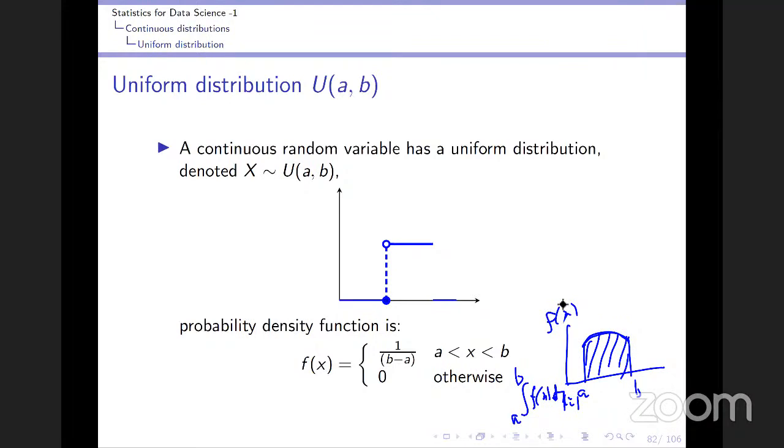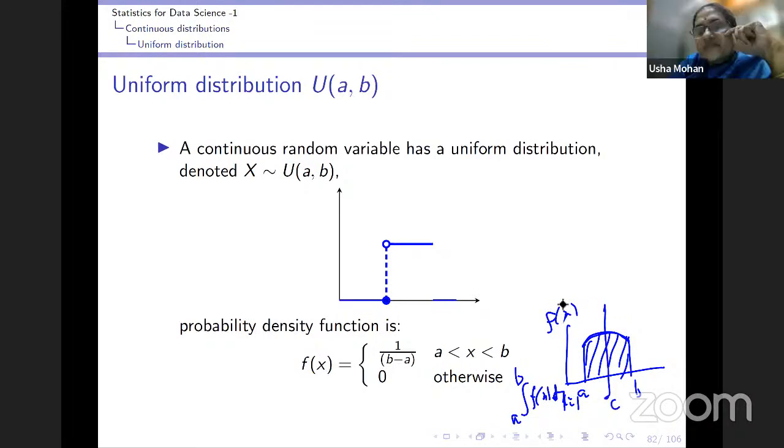Yes, ma'am. So suppose this is the heights of people in a particular class distributed between A and B. I'm saying the heights of students in any particular class are distributed with this density, where f of x is this curve.